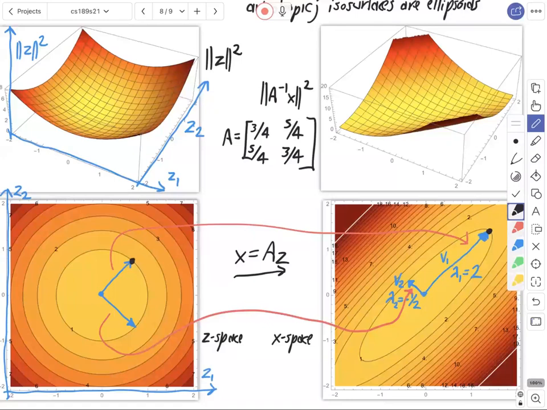And the vertical values of those two black points are going to be the same because the one on the right, if you set x equals Az, then these two functions are, of course, the same. They're equal to each other.